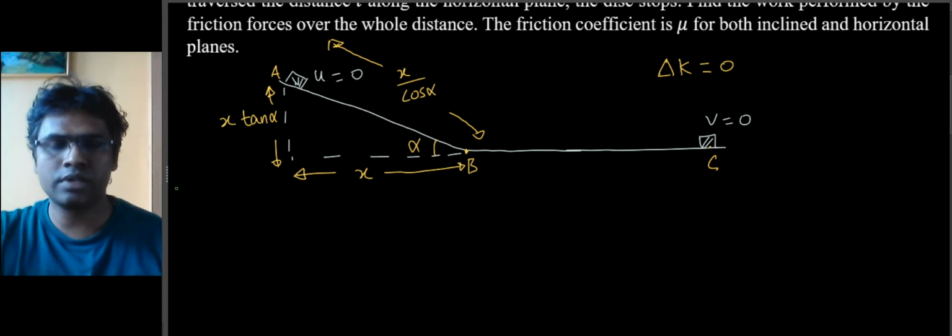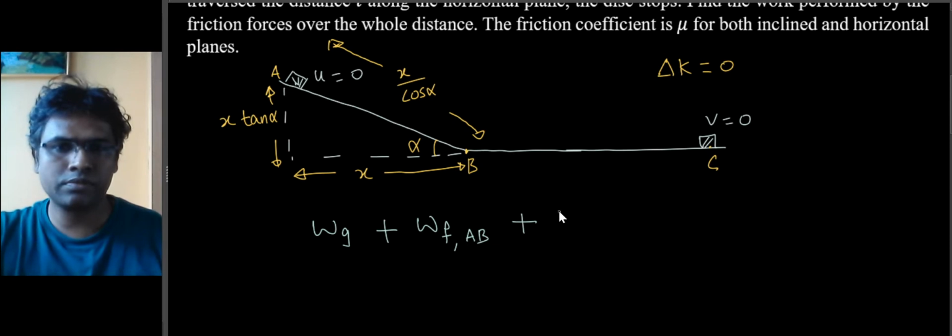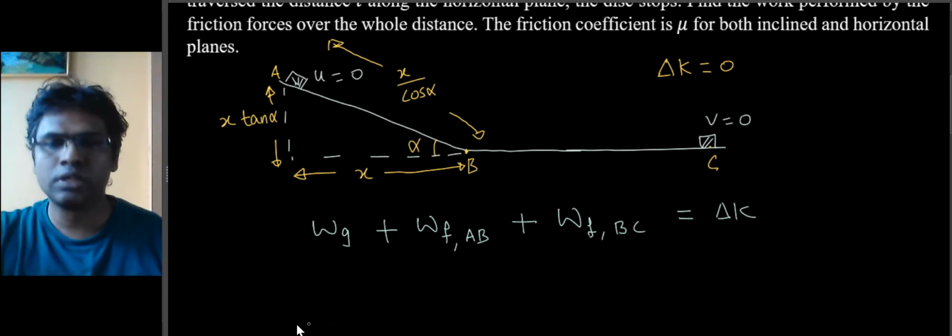So if I write down the work energy theorem, there are two forces, one friction and the other gravitational force. So work done by gravity plus work done by friction, I'll split this along the path. So let's say along section AB plus work done by friction along section BC is change in kinetic energy, which is anyway 0.